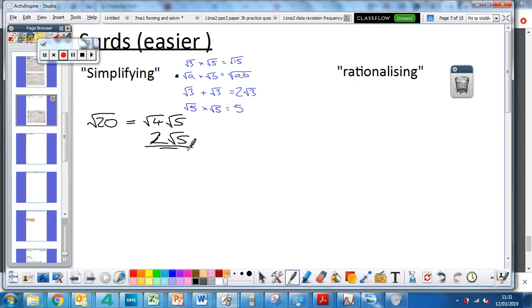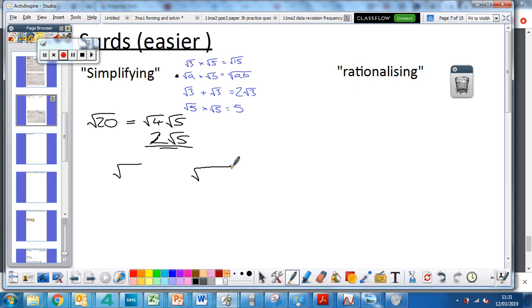You also end up with trying to simplify things that have different roots in them. So they may have 2 different roots within the same question that you're simplifying. And they will have in common a factor. There will be a common factor between these 2 numbers.